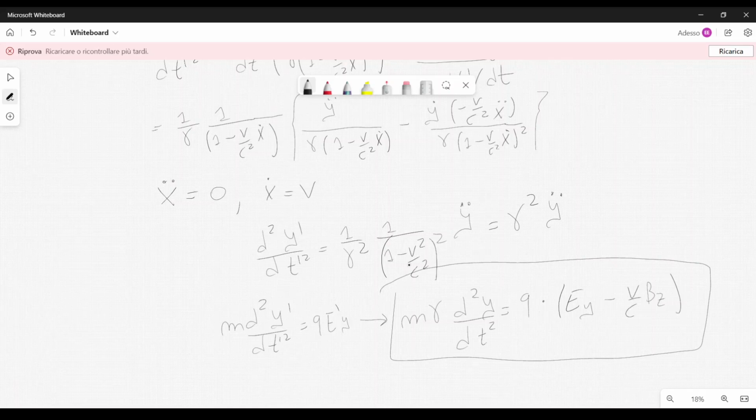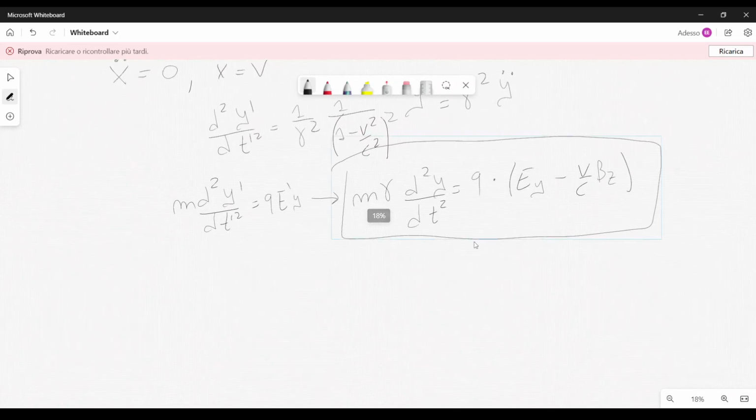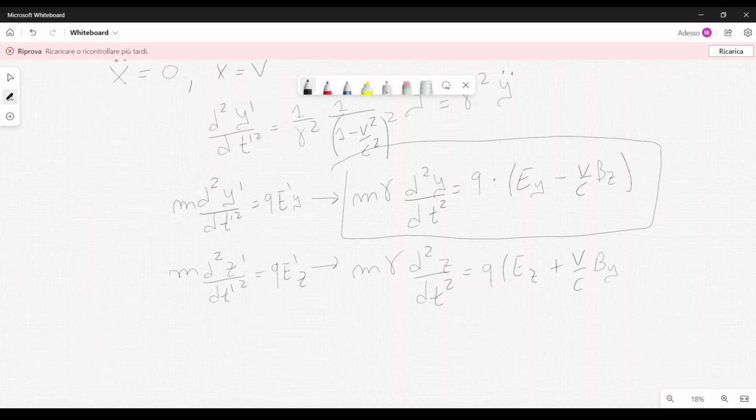Similarly for the z component, in a very similar manner, you find this. You have m d squared z prime over dt prime squared equal to q e prime z. This becomes m gamma d squared z over dt squared equal to q (ez plus v over c by).